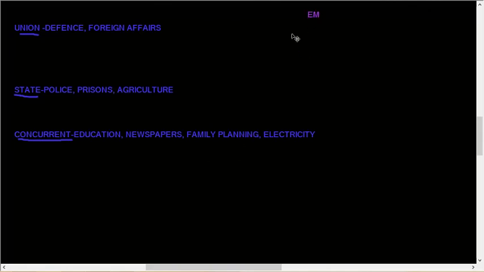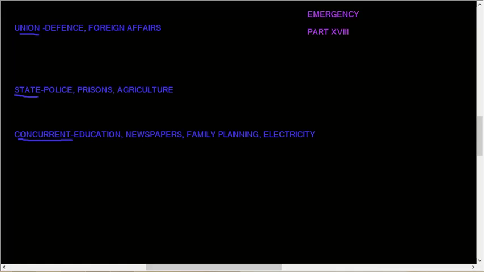So these are dictated in Part 18 of the Constitution, and the president can declare three types of emergencies: financial emergency, state emergency, and national emergency. And national emergency is when there is a threat either internally or externally. Something like the failure of government constitutional machinery, or a war, something like that. That's where you have the national emergency.